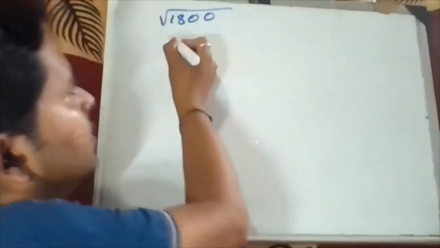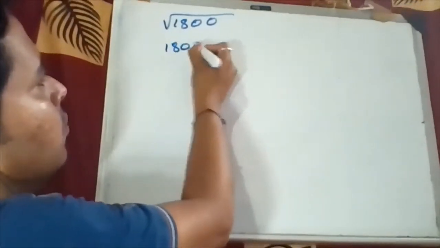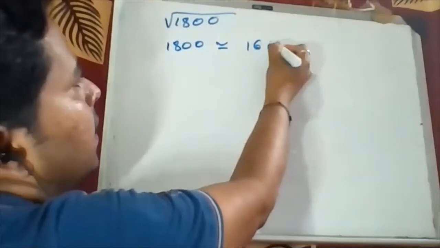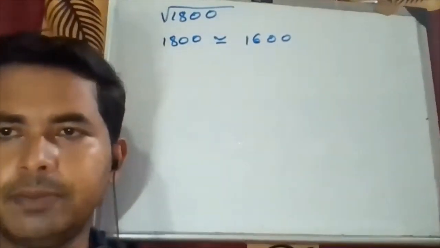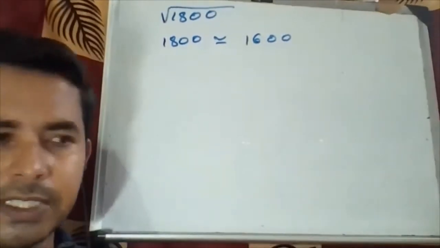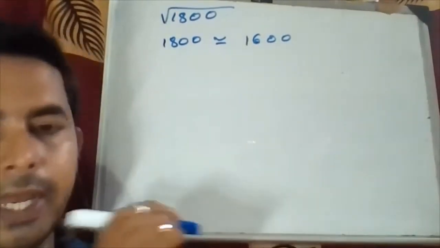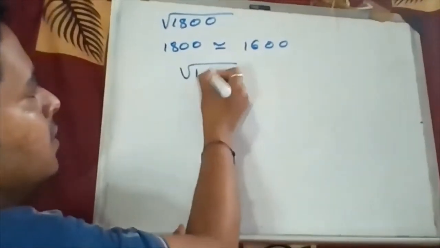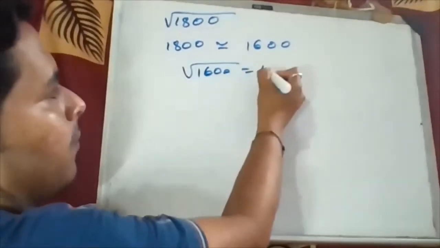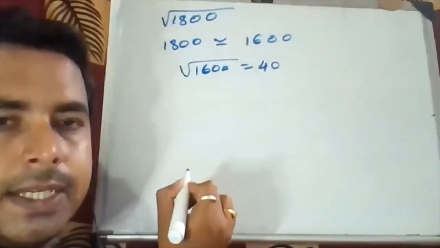Consider the nearest value. I know this is not the nearest, but because of the zero, you have to consider 1600, as it will help with simplification. The square root of 1600 is 40.